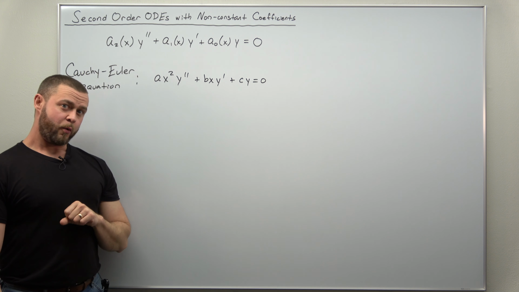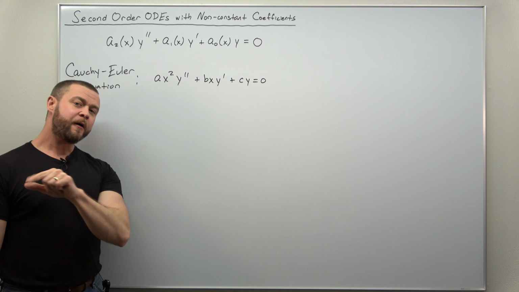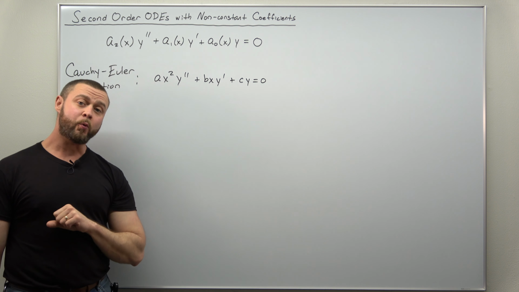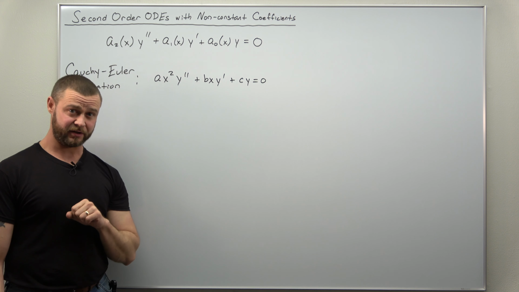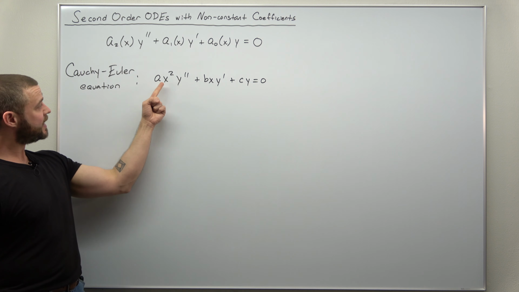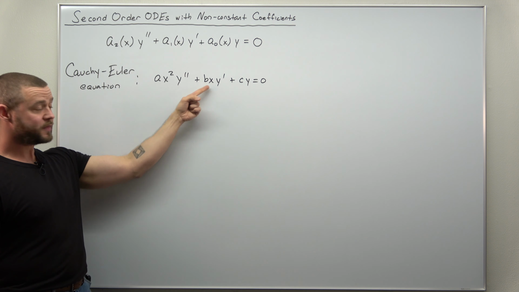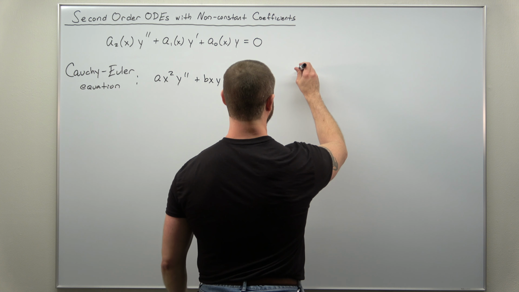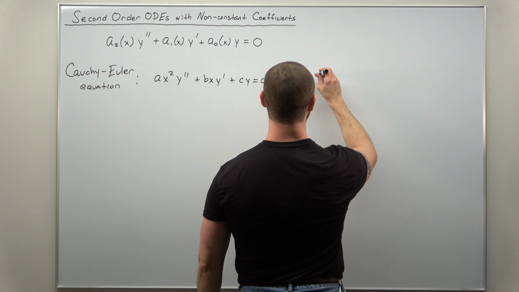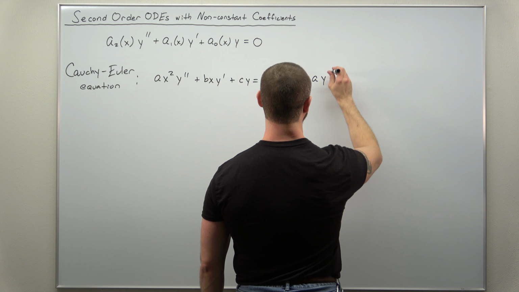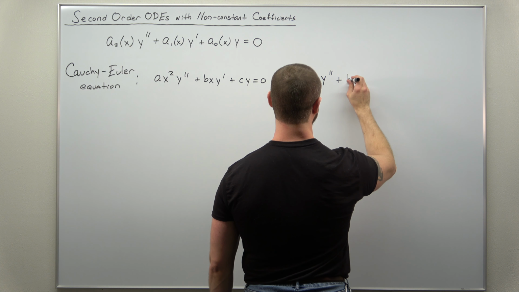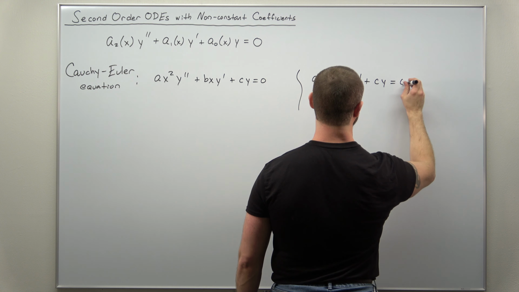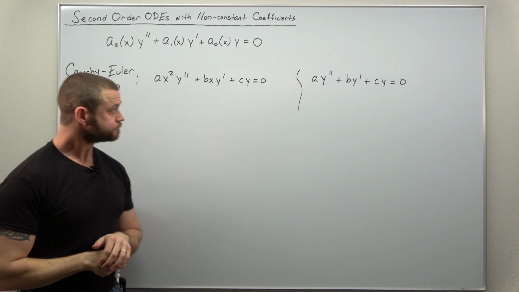All right, now the way we solve this is very similar to how we started solving a second-order ODE with constant coefficients. So let's go ahead and get rid of the x squared and the x, and we're going to go back earlier to when we saw an equation of this form, a y double prime plus b y prime plus c y equals 0.